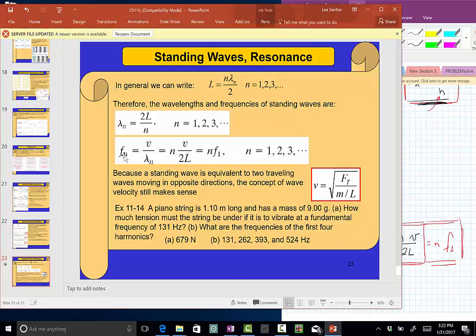Okay, and I also know that the frequency of each harmonic increases as I go down in the harmonic. Now, if I go from first to second, second to third, this equation that I wrote is also equal to n times the frequency of the first harmonic. Okay, so these are two very important equations that will be showing up in other problems that we'll solve also in chapter 12.